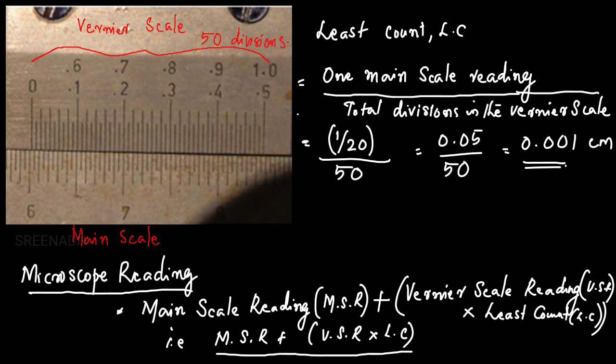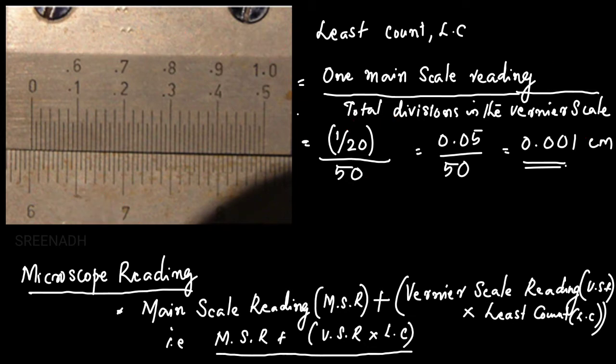One main scale division is equal to 1 by 20 centimeter, and the vernier scale has 50 divisions. So the least count is 1 by 20 divided by 50, that is 0.05 divided by 50, which is equal to 0.001 centimeter.